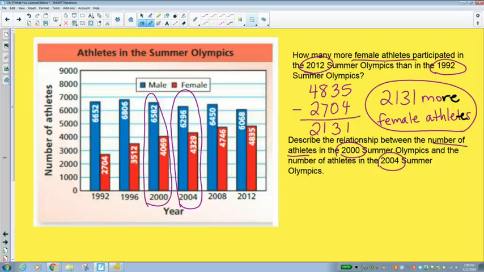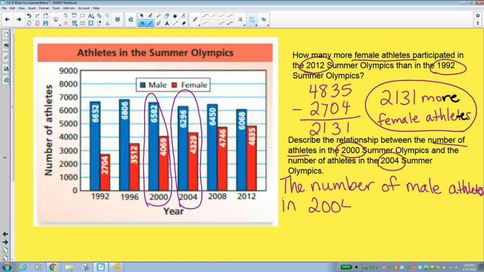Well, I know that that is a slight decrease, so I could actually subtract to find the exact number of decrease of males, or I could describe the relationship by simply saying that the number of male athletes in 2004 is less than in 2000.